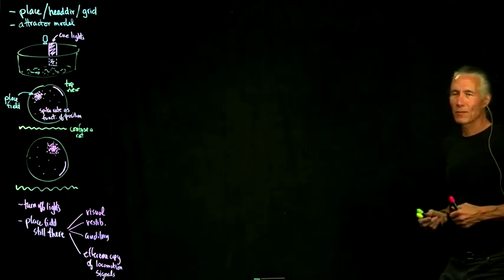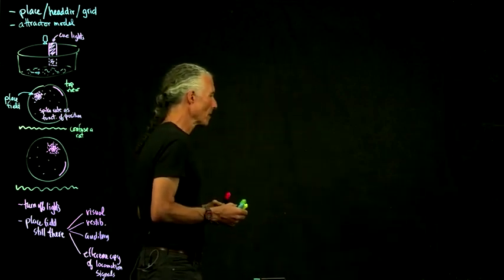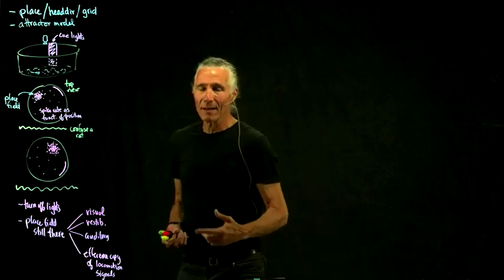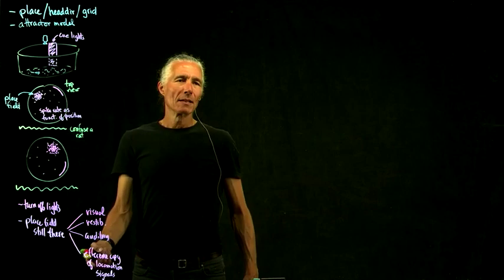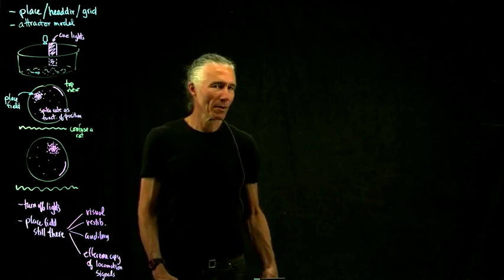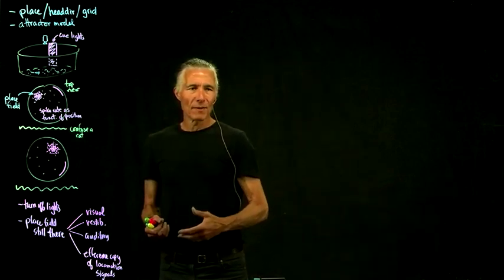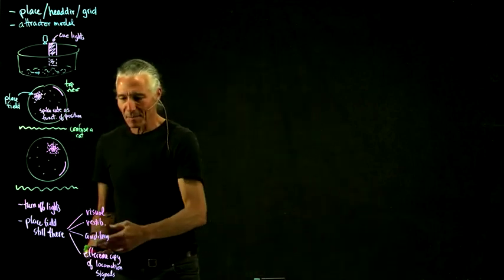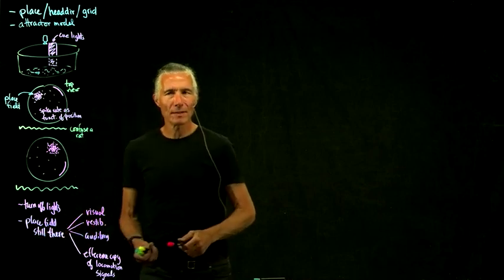If I come into the place field going forward, it will fire. If I come into the place field with my head pointing this way, it will fire. And so in order to make that happen in the dark, it's got to be totaling up how many steps you took and how fast they were. So if I move more rapidly, the cell has to fire differently than if I just saunter into the place field. So all these things must be going into making the place field appear in the same place.